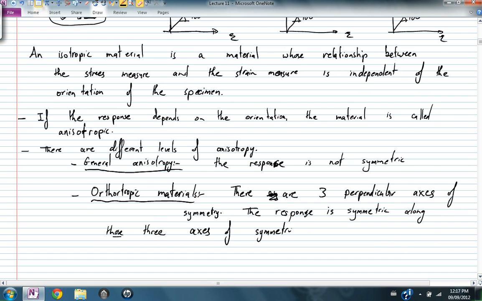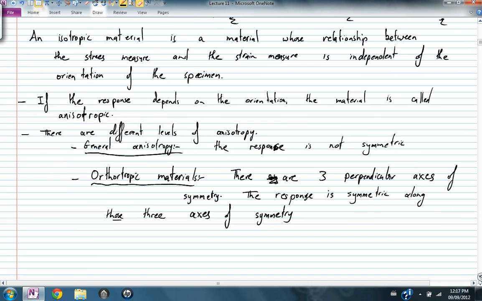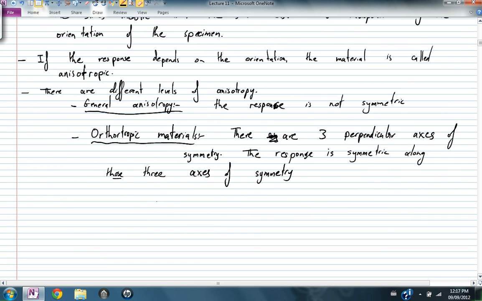When we say the material response is symmetric, we mean that along this direction, if this is one of the axes, when I pull and when I draw a plane perpendicular to this axis of symmetry, the response of the material on this direction is the same as the response on this direction, which basically means that there's no shear.